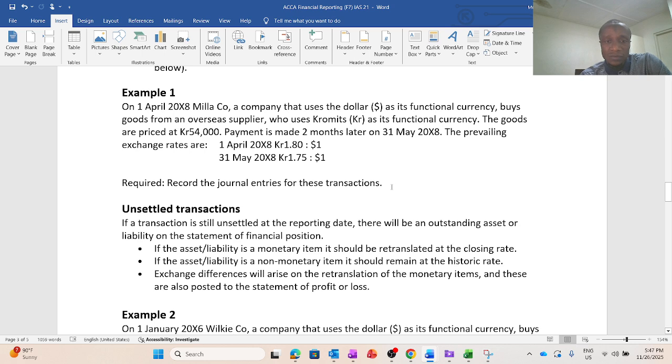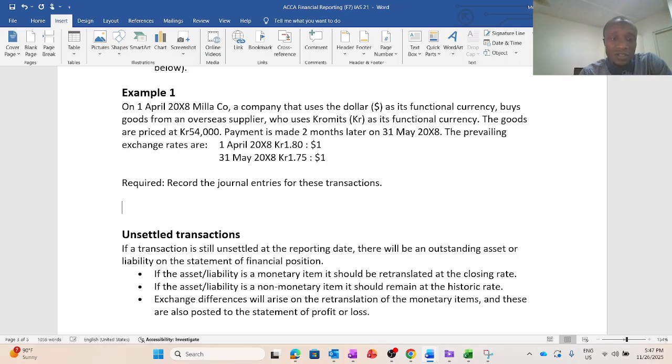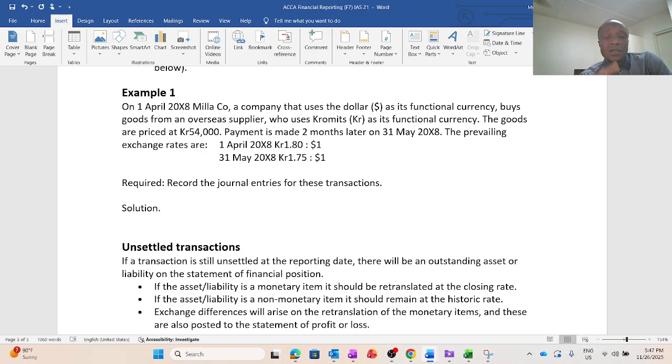Now this is the example. We can solve this example so we can understand the solution. On 1st April 20X8, Milaco, a company that uses the dollar as its functional currency, so the functional currency of Milaco is dollar, buys goods from an overseas supplier who uses KR Chromit as its functional currency.